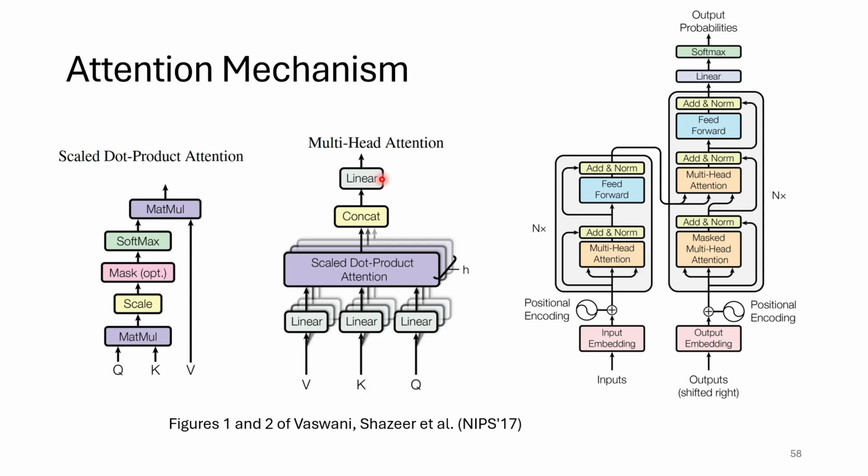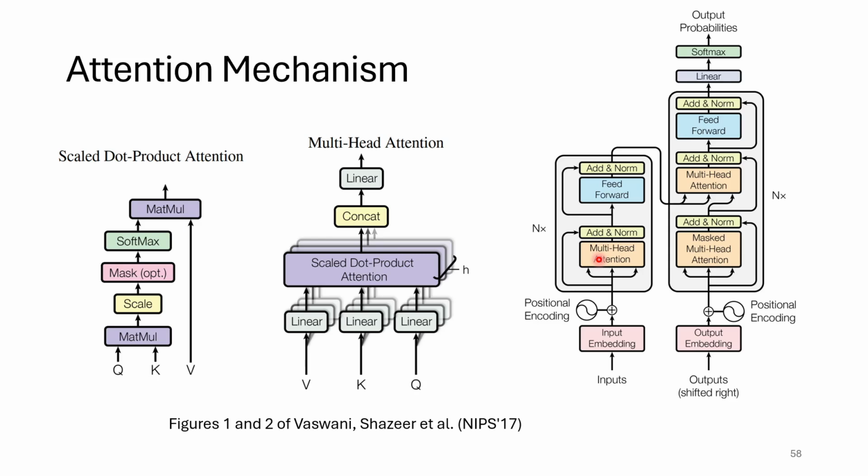Here, let's take a look over here. This is the attention module. So you can find the attention module from here. Multi-head attention will be used in every layer in the transformer architecture.